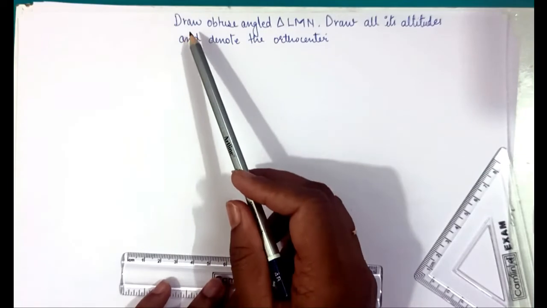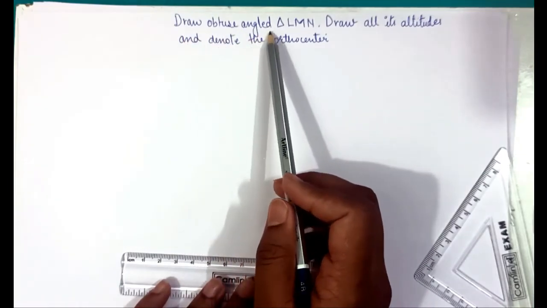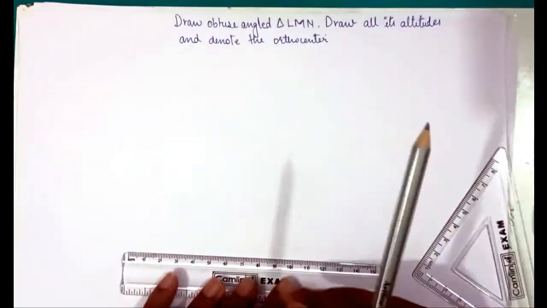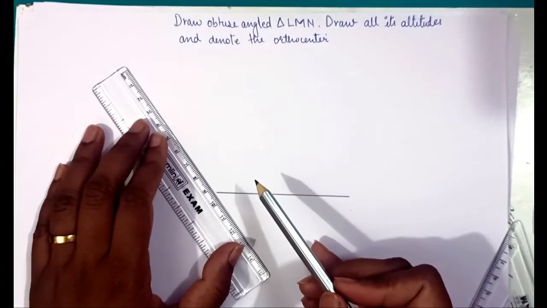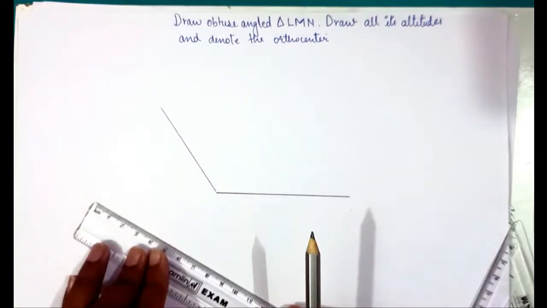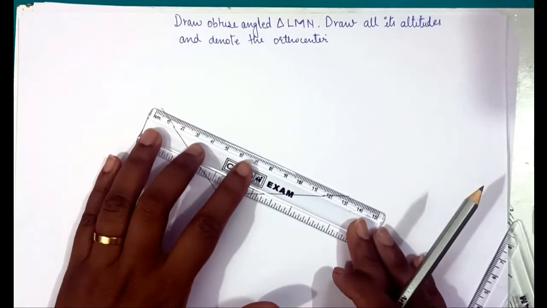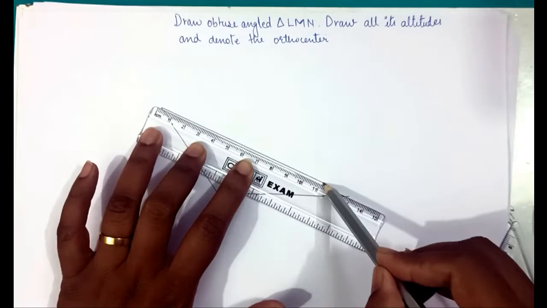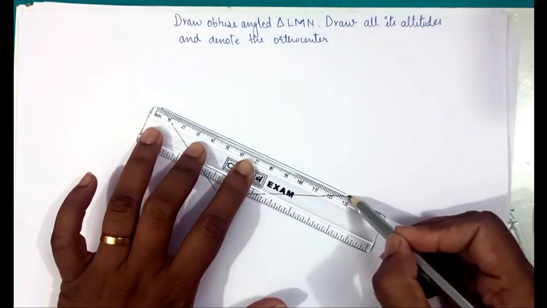Now we will draw our third triangle, obtuse angle triangle LMN. We have to draw all of its altitudes and denote the orthocenter. So let us draw. We all know that an obtuse angle triangle is greater than 90 degrees and less than 180 degrees.